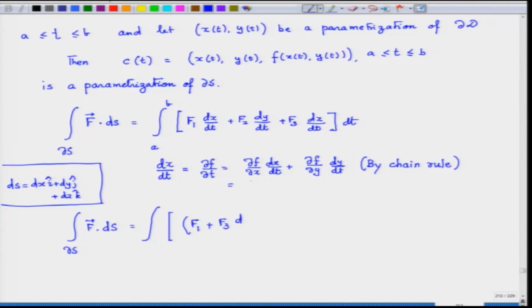So this can be written as del z del x dx dt, f is z actually, del z del y dy dt. So del z del x dx dt is now common, it can be taken out: dx dt plus f2 plus f3 del z del y dy dt.